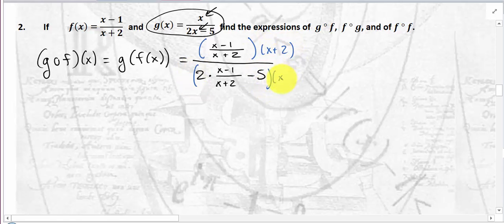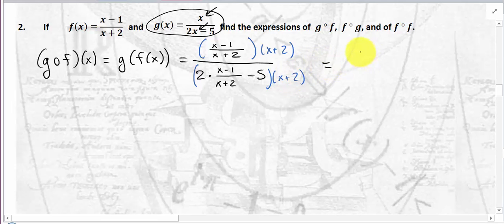So on top I have x minus 1 over x plus 2, that's f of x, divided by 2 times, and then f of x, x minus 1 over x plus 2 minus 5. So by this time I think you know what I do right here. I multiply both sides by the common denominator. It's a little bit faster if you are careful and don't make a mistake.